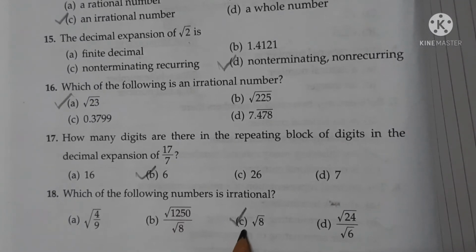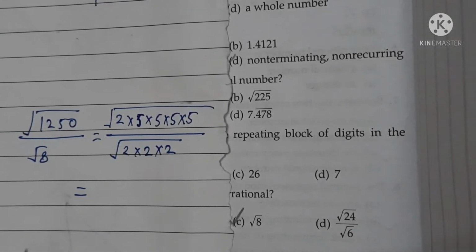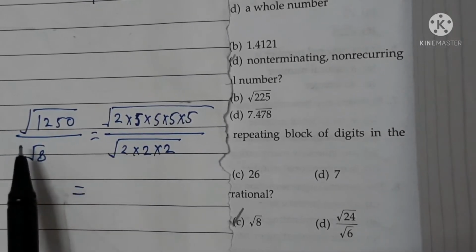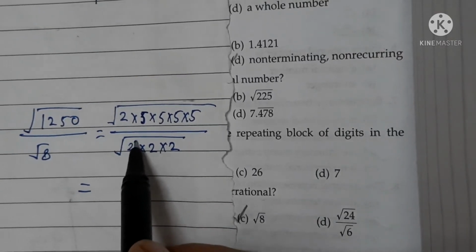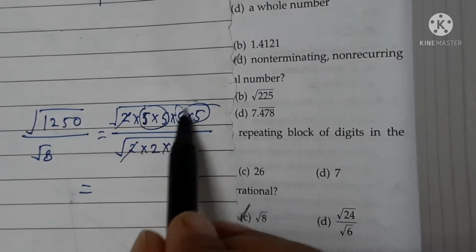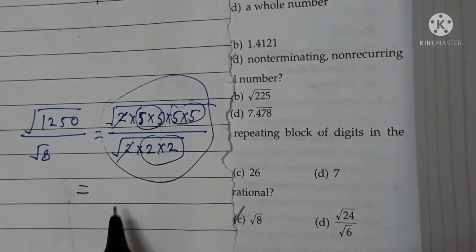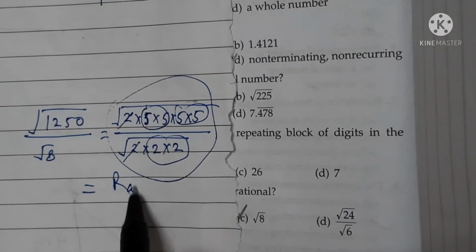Option C is correct. See why this is an irrational number. Here the 2s cancel, and this is a pair, this is a pair, this is also a pair. So this is a perfect square and it is a rational number.